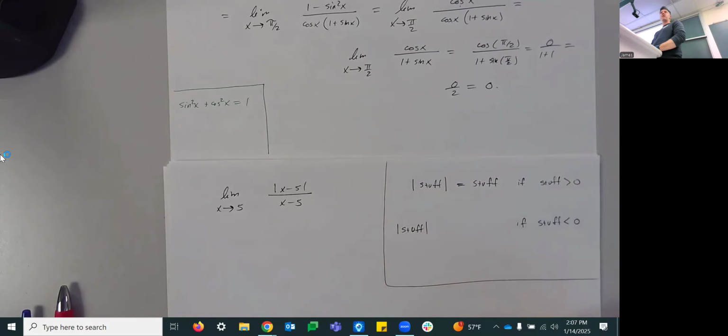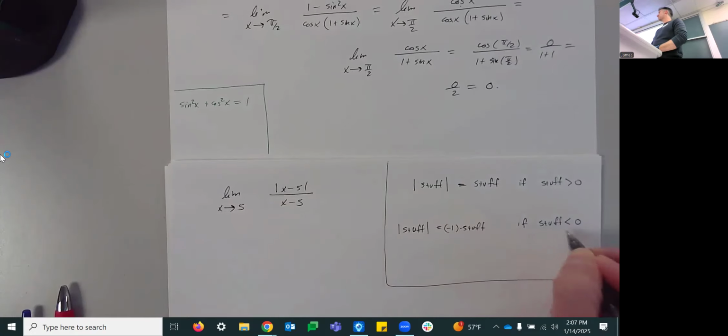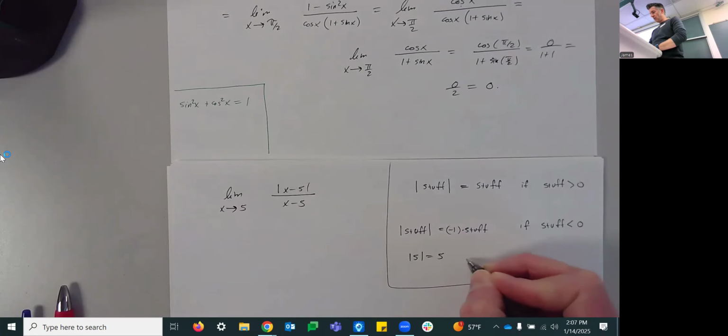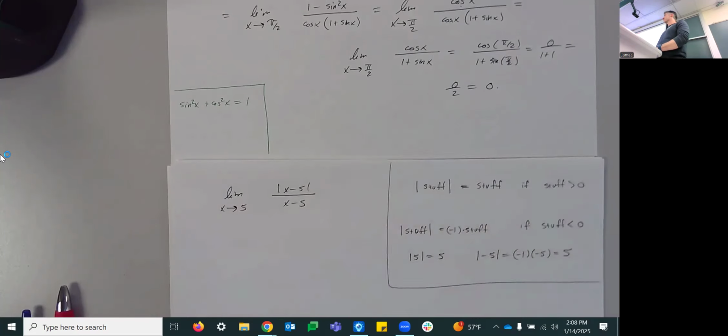We don't want to get a negative number out. The way we turn a negative number into the same corresponding positive number is by multiplying it by -1. So the absolute value of some stuff is equal to -1 times that stuff if that stuff was already negative, so that the -1 multiplied by it turns it into a positive. My favorite example is the absolute value of 5 is just 5, whereas the absolute value of -5 is -1 times -5, which is 5.